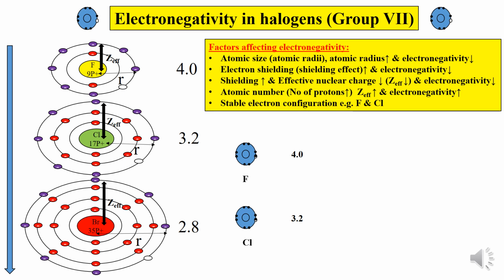So going down the group, you'll find that the atoms have a weaker ability to attract the shared pair of bonding valence electrons.